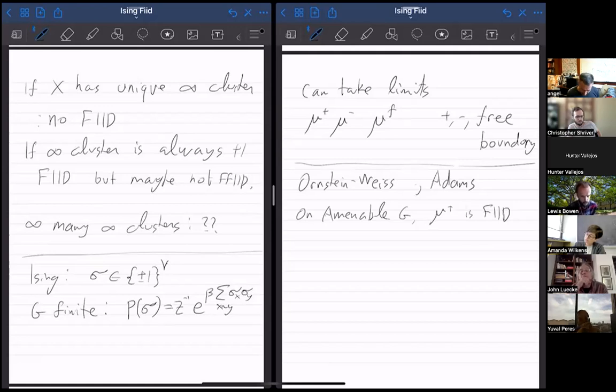So that's for every beta, and this has been extended recently also by Rahman and Spinka for more general models. There is a class of monotone models where the interactions are monotone.